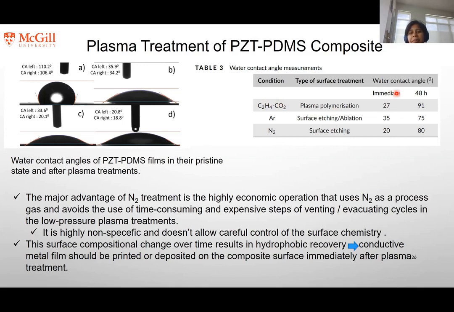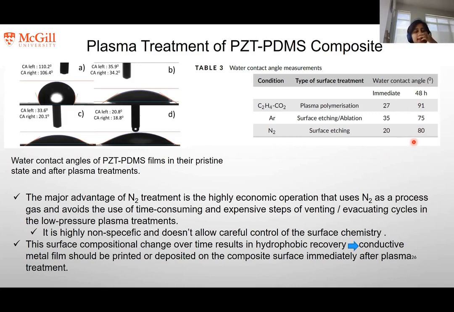So you can see that with the plasma treatment, we do lower the contact angle immediately after the treatment. But as we leave the surface open, over time the hydrophilic property starts decreasing, so it gets washed away, and the contact angle starts increasing. You can see that after 48 hours, this is what we measured as contact angle.